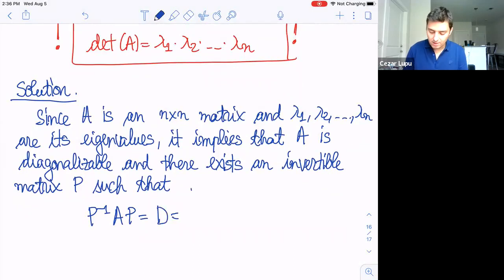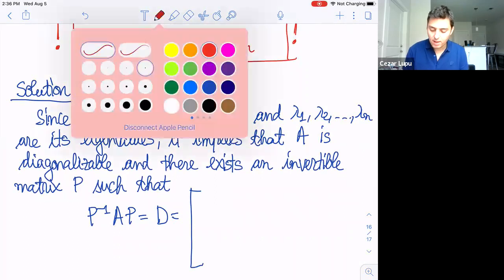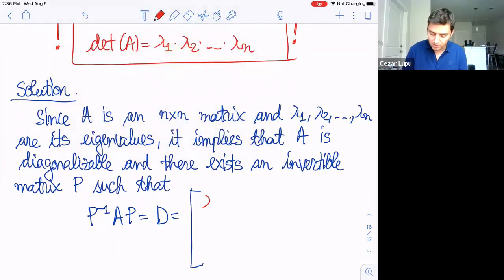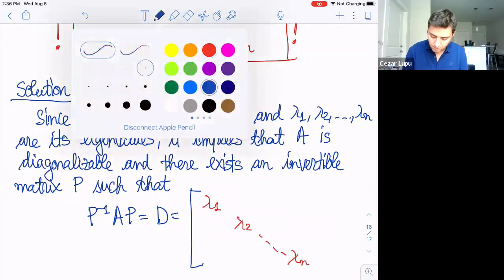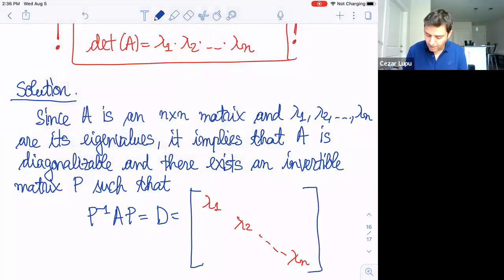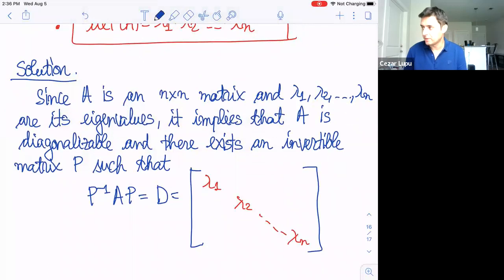And this matrix D will be a diagonal matrix. And guess what? On the main diagonal, you'll have the eigenvalues of the matrix: lambda 1, lambda 2, lambda n, and you'll have 0 in the rest.